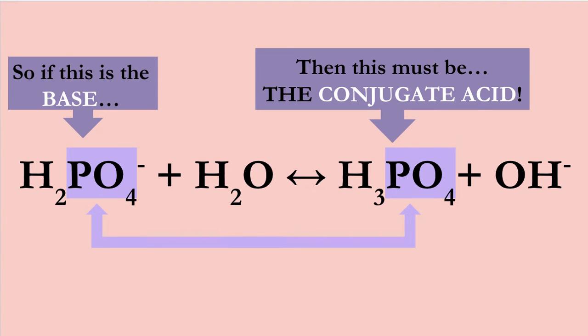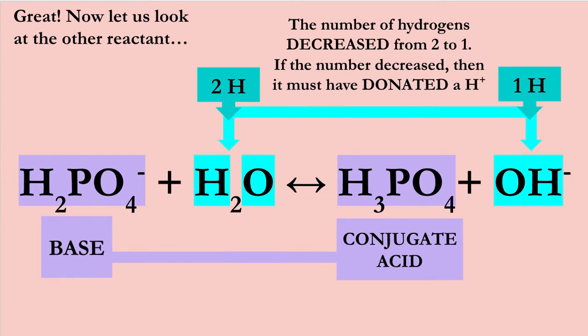So now if this is the base, then this must be the conjugate acid. Next up, I'm looking at the 2 leftovers that I have. Here I have 2 hydrogens, and here I only have 1. So it must have donated a hydrogen. If I start out with 2 t-shirts and I donate 1, I'm left over with 1 t-shirt. Here it would be hydrogens.